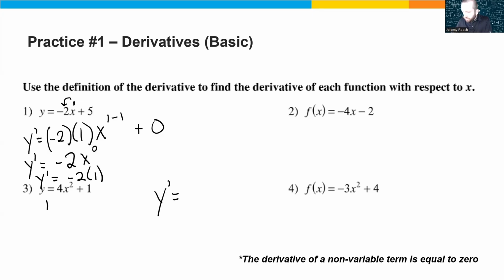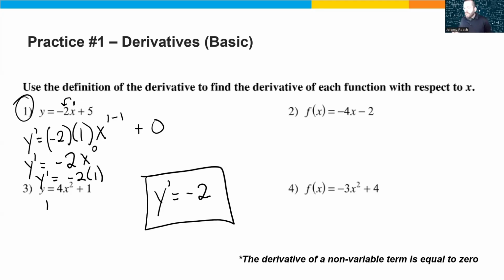PowerPoint doesn't let me write on here. We'll write it over here. Y prime is equal to negative 2. So that's the derivative of this function. And that makes sense. Our derivative is our slope. And our slope for this is negative 2.